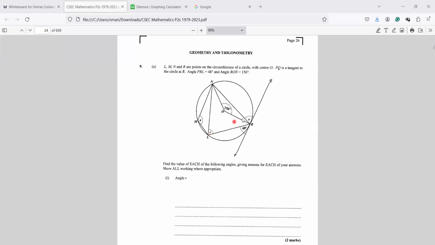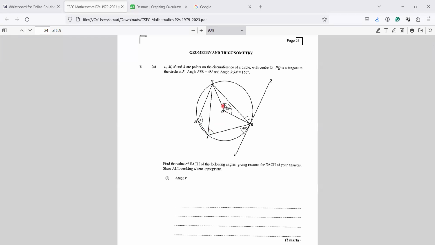Now, RN is a chord, and there's also a second angle that we have on that chord, angle NOR, right? And so Adriana is correct, right? The angle at the center, which is 156 degrees, is always twice the angle that is subtended right here.